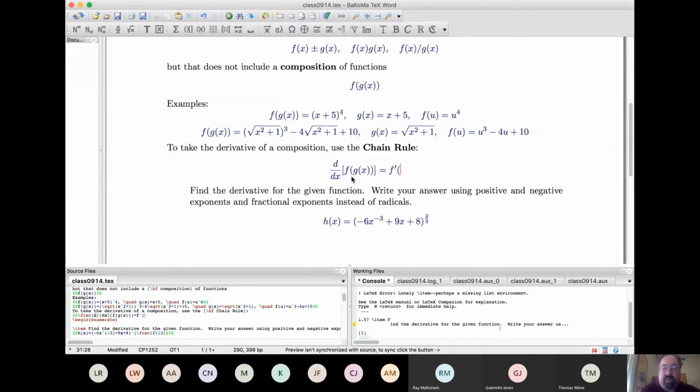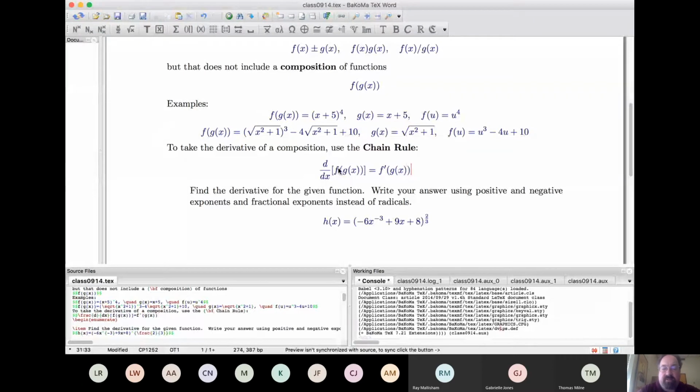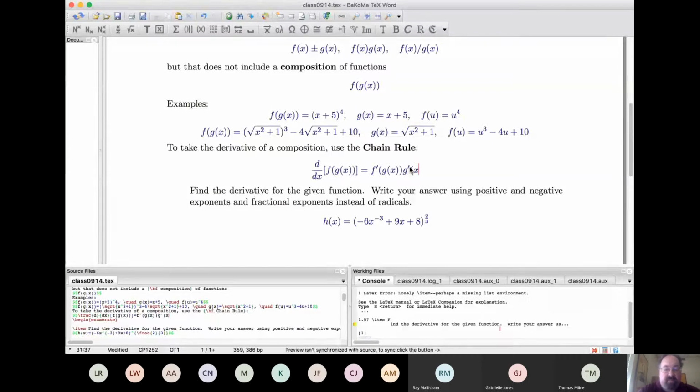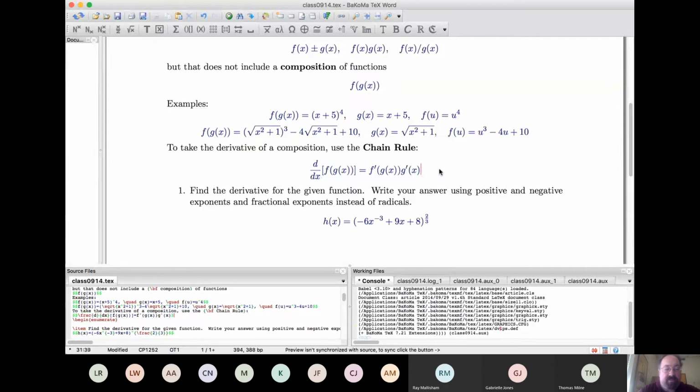But you substitute g into f prime, just as it was substituted into f out here. Then you multiply all of this times the derivative of the inner function. So, derivative of the outer evaluated at the inner times the derivative of the inner.